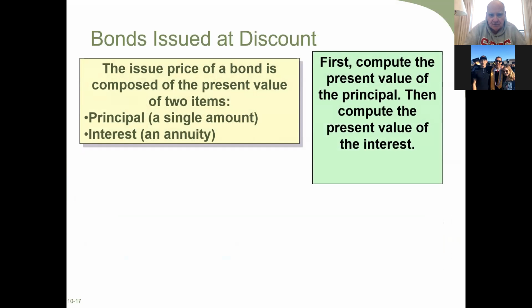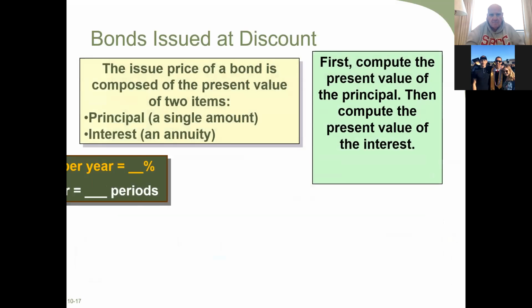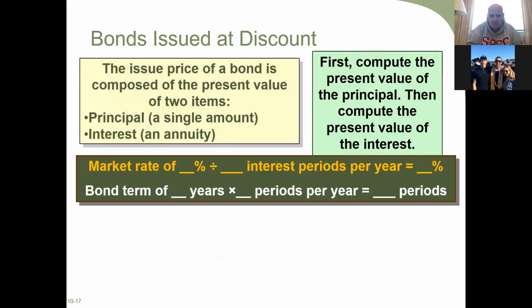Bonds issued at a discount. Here's our calculation. The issue price of any bond consists of 2 present value calculations that must be added together. In this case, we had a market rate of 12% and we're paying 10% per year, on a 10-year bond.